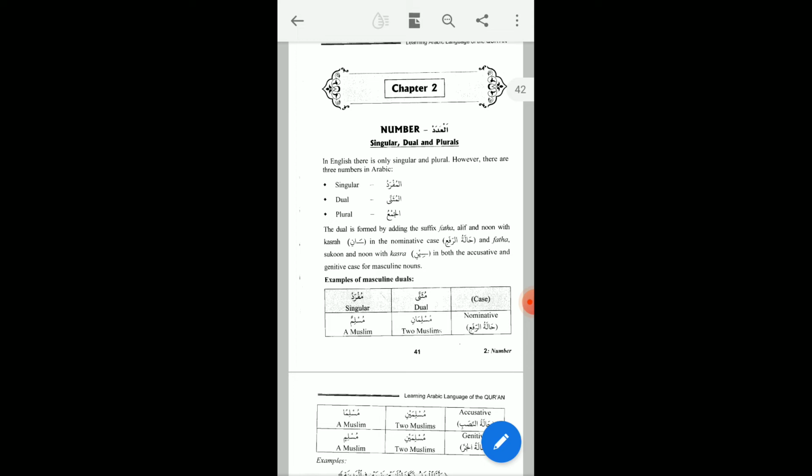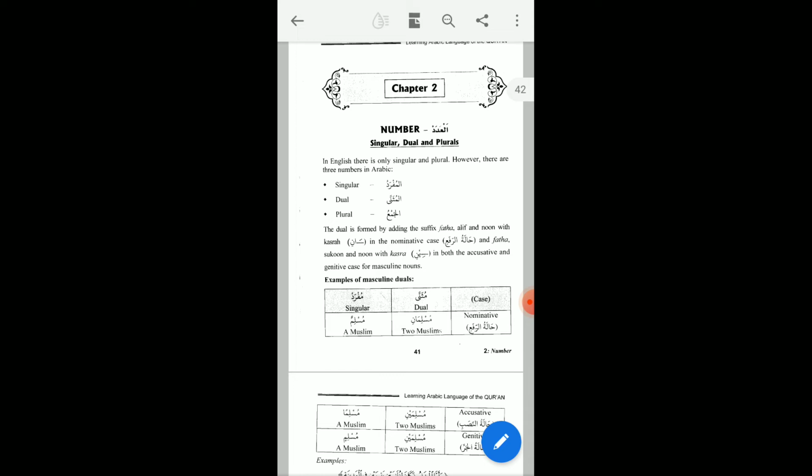We say al-baytu. When we add min to al-baytu, it becomes min al-bayti, isn't it? This is in the genitive case, and it is also called majrur, because it has been changed from damma to kasra due to the addition of min. Min is harf jarr and bayt becomes majrur.